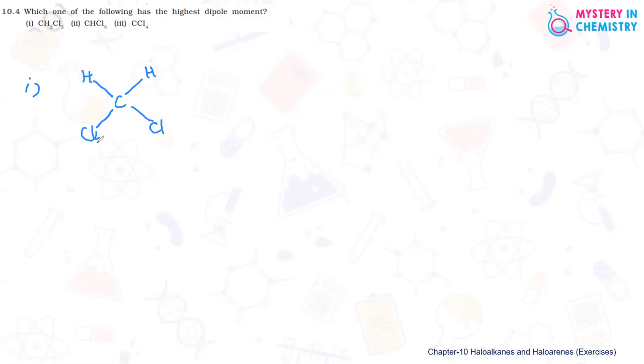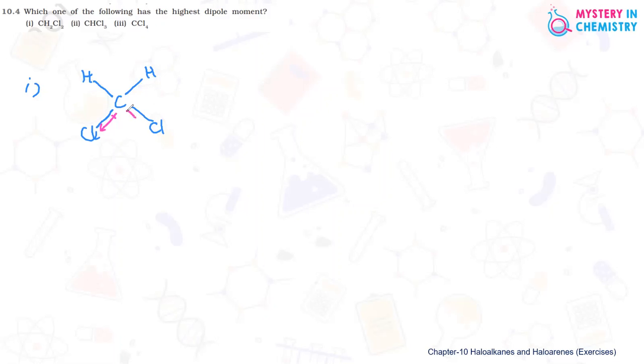So this is the position of chlorine and hydrogen in the compound CH2Cl2. Now what happens? Chlorine is a polar molecule, so two dipoles are towards chlorine. So this dipole we can make like this. This is towards chlorine, it should have an arrow, and here it is the plus sign.